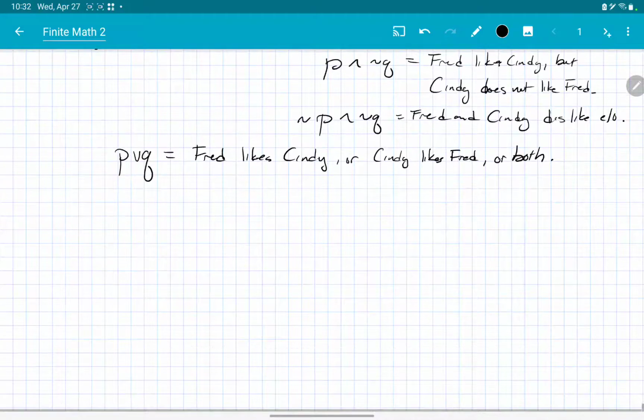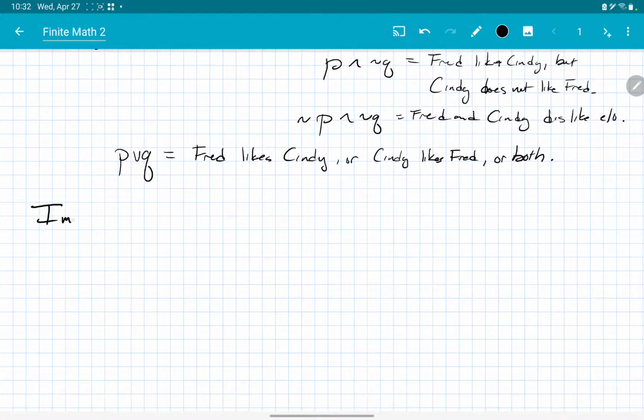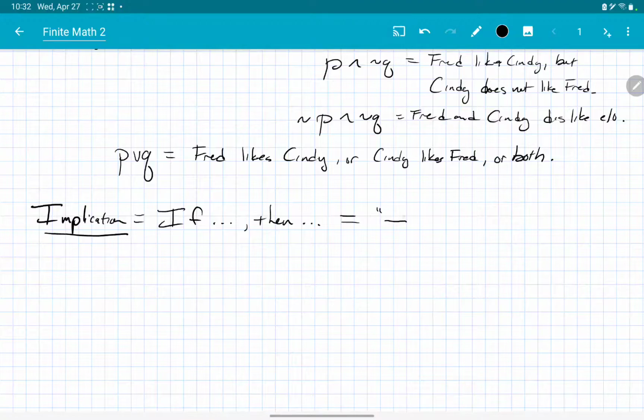Okay, so now for the implication. This is a statement of the form if ... then ... And the way we write it is an arrow like this or a double arrow. The book has the single arrow. The double arrow I think is more common, and so I might mistakenly write it. I'm going to try to write the single arrow though. Okay.